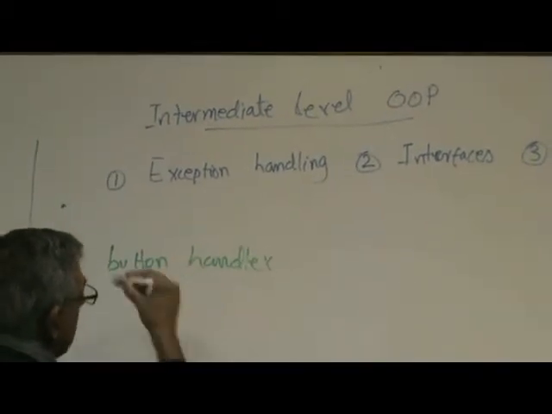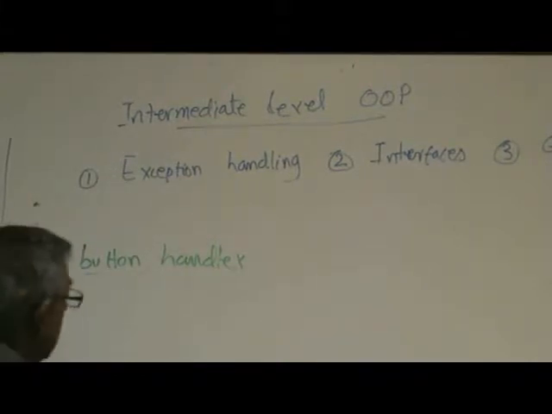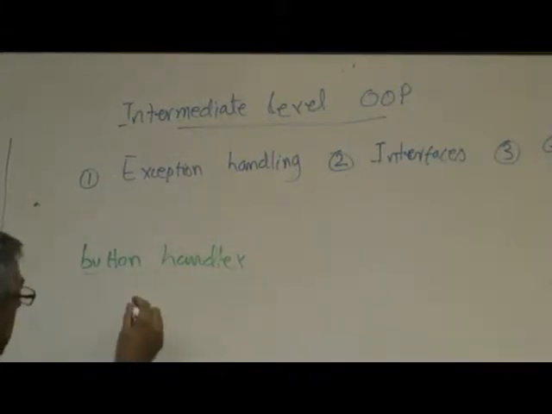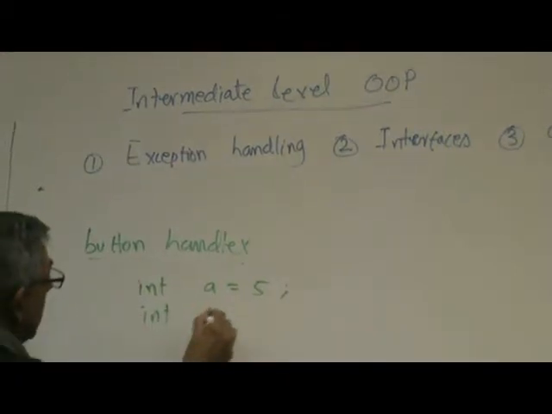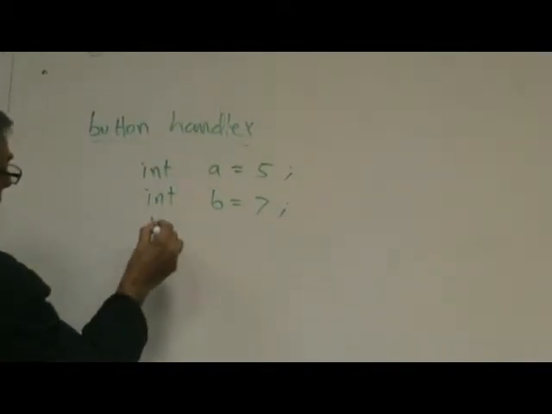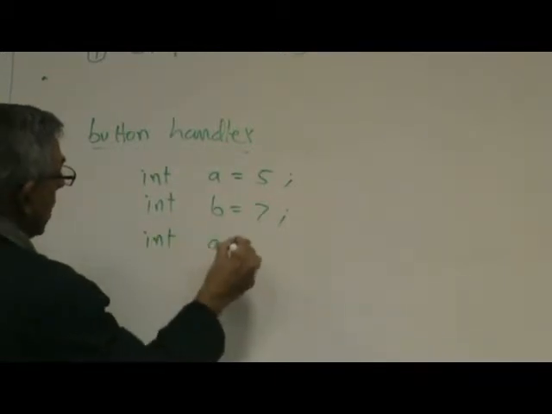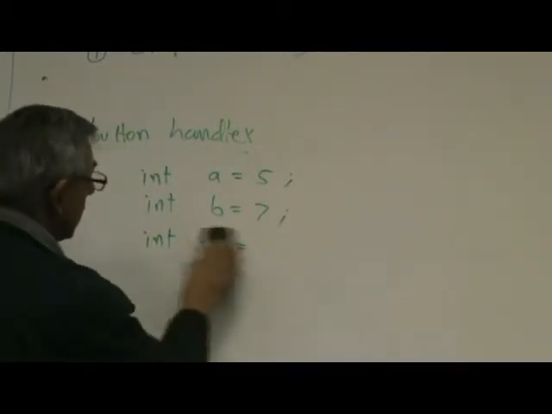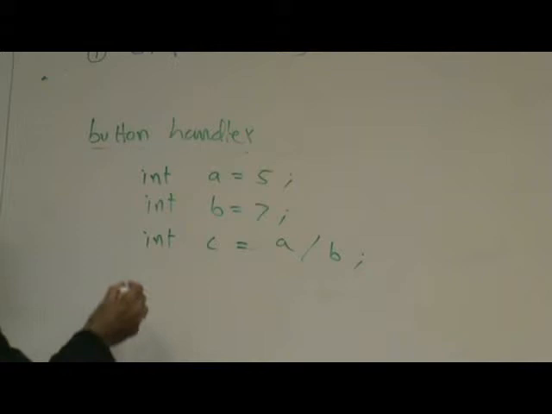Okay, so anyway, exception handling works like this. Let's say you created some Windows application with a button handler. You were writing some code like this: int a equal to 5, int b equal to 7, and int c equal to a divided by b, right?